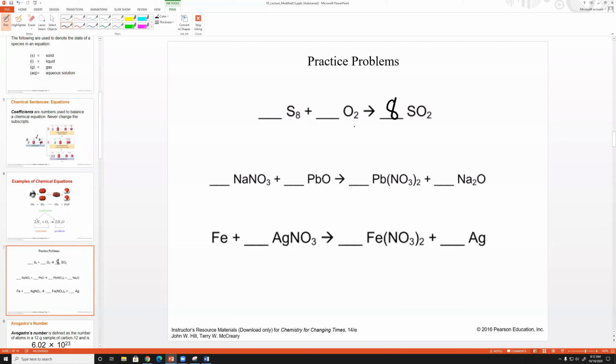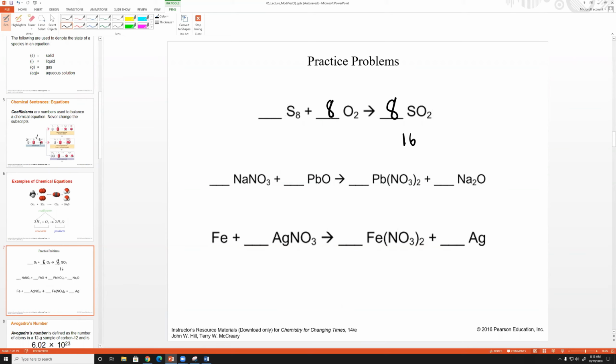Now for oxygen. We have O2. Since we put this 8 there, the 8, like algebra, gets distributed into the sulfur and the oxygen. So how many oxygens do we have now? 16. Good. Awesome. So we have 16 oxygens. Now to make O2 equal 16, we can put an 8, just like we did for there, but for different reasons.